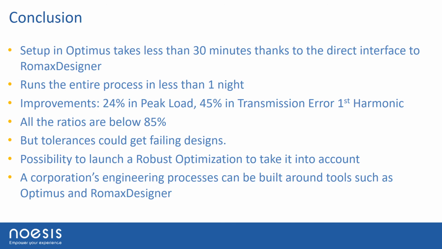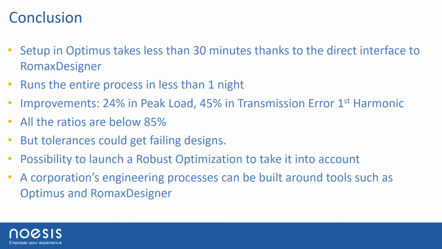For one of the ratio, it was about 45% of the time it was failing. And so we launched a robust optimization to take that into account, and we stayed below 5% in terms of robustness, which is a very big improvement. Of course, it meant we were only having 20% improvement in peak load and 20% in transmission error.